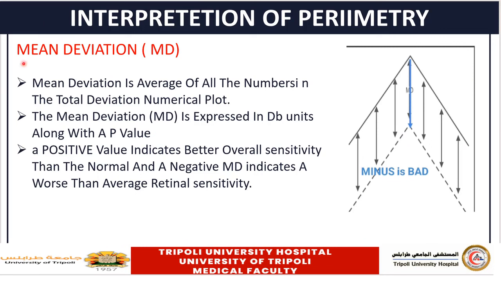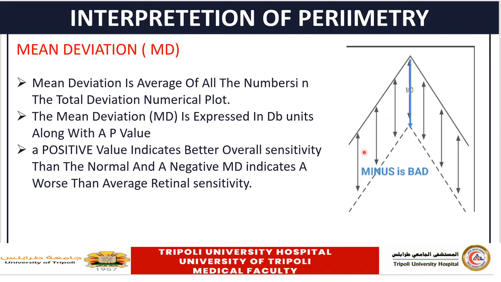So the first parameter in the global indices is the mean deviation. As I said, the mean deviation is the mean of the total deviation numerical plots, so it is the mean of the whole data seen in the total deviation numerical plot. The mean deviation is expressed in decibel units along with a p-value. A positive value indicates better overall sensitivity than the normal, and a negative value indicates worse.